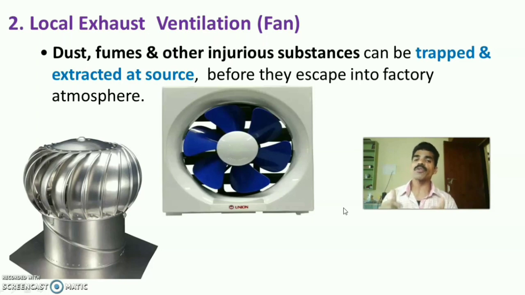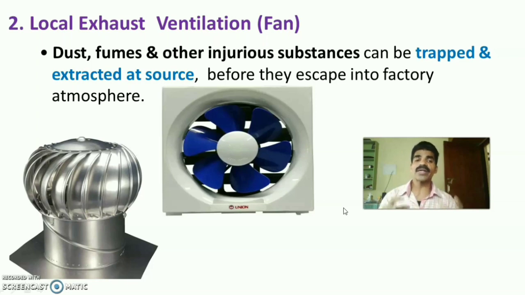Second is local exhaust ventilation, use of local exhaust ventilation or fan. So the dust, fumes and other injurious substances from the factory or industry can be trapped or collected and extracted at source before they are let to escape into the factory atmosphere. Otherwise, the employees or workers who belong to that particular industry may be exposed for a prolonged period to the chemical which is emitted by the industry or factory.